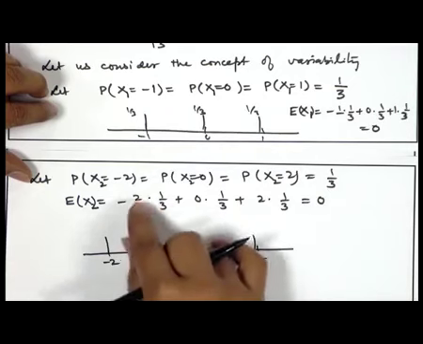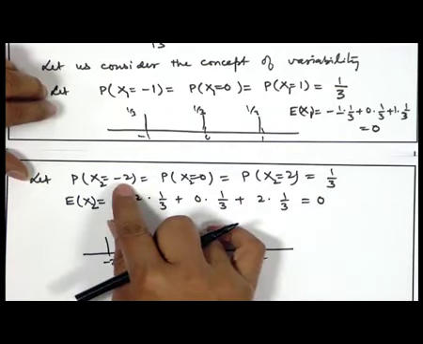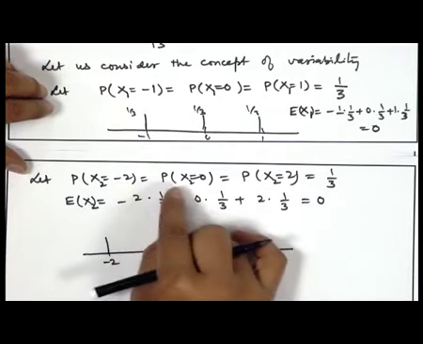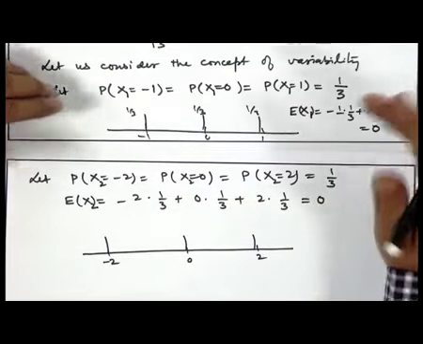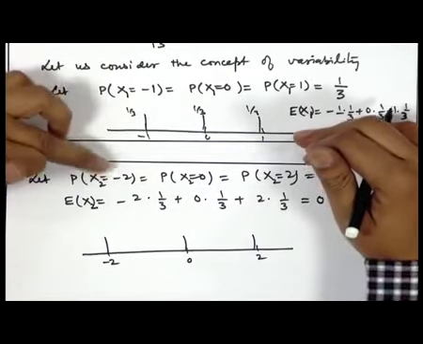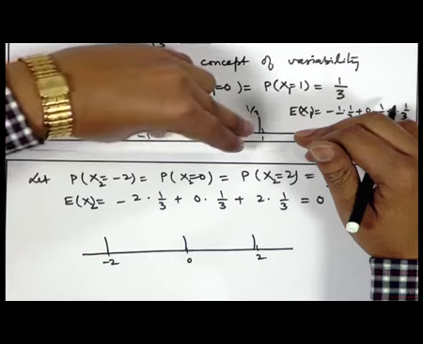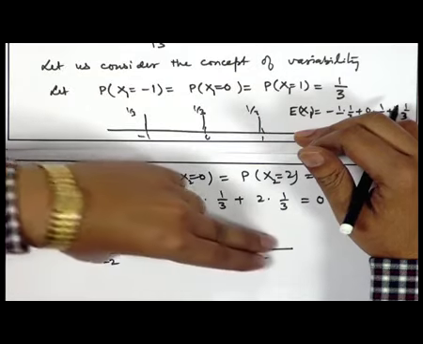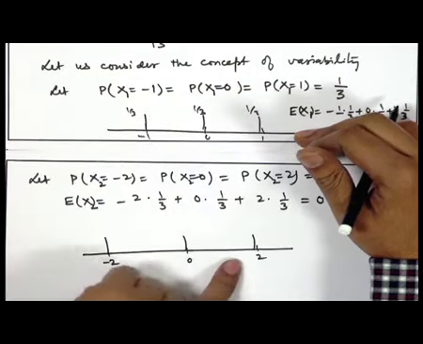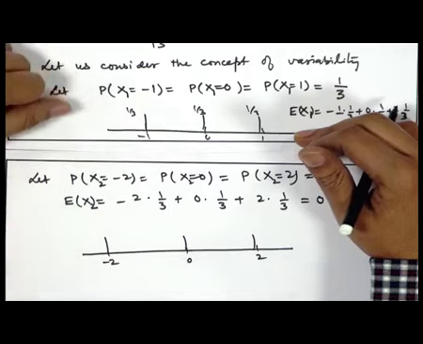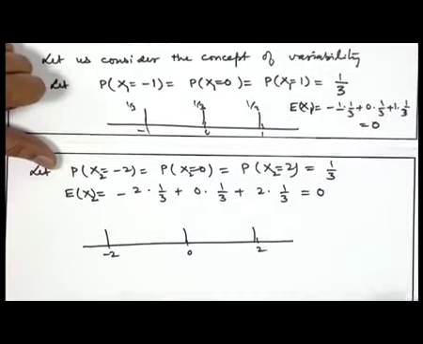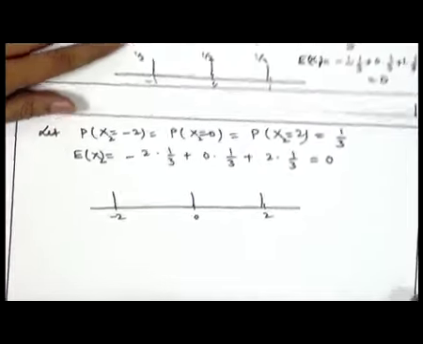The random variable x2 gives equal probabilities to values -2, 0 and 2. Now, visibly I can see that these values are near, these values are slightly away, there is a more variation here. In order to measure that, we introduce a concept called variance. So, let me define that.